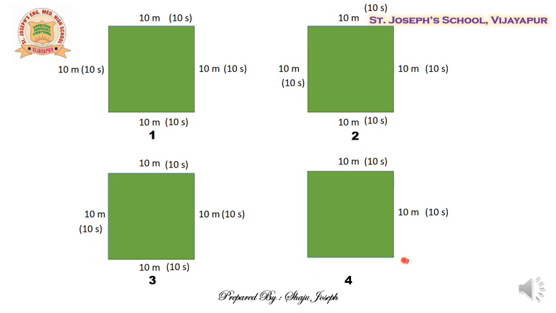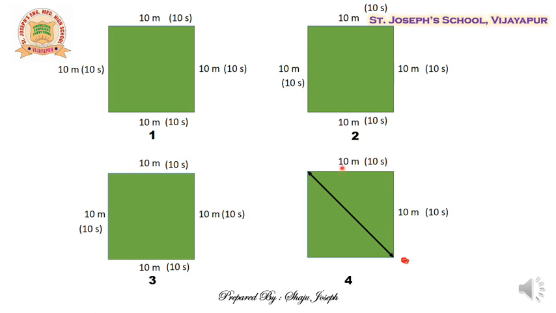So the total time taken is 2 minutes 20 seconds. His initial point is where the laser pointer is pointing, and along the diagonal, let me mark the diagonal. The diagonal shows the shortest distance between the initial point and the final point. That is nothing but the diagonal of a square, which becomes the hypotenuse of the triangle formed.